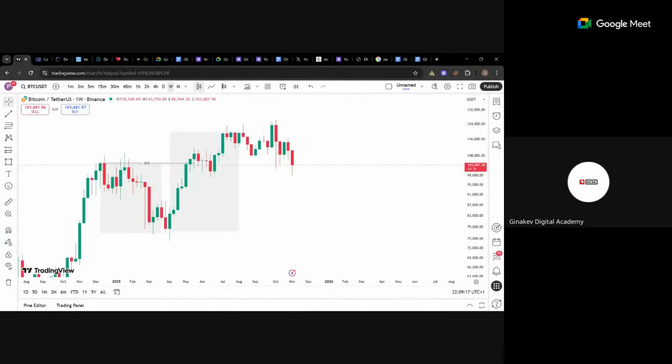So just go and show me that other flow now that broke that structure. Go and show me where it started from. Map it out using your rectangle tool. Map out the order block and show me. Hey, be smart.